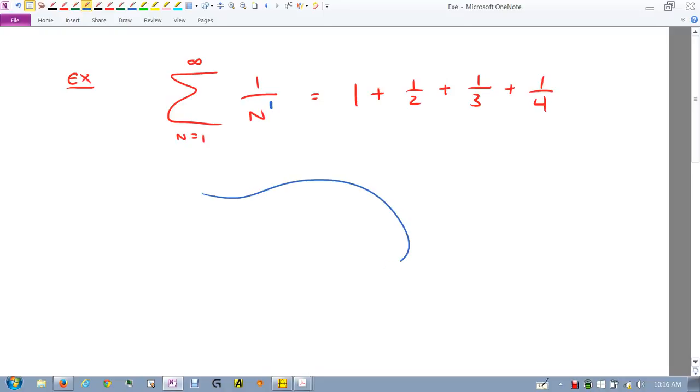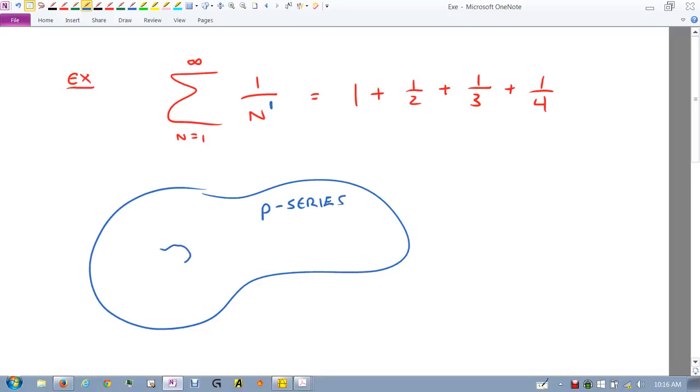If you look at the set of all p-series that exist out there, inside there's one particular one, the harmonic one. So it's like a subset of all p-series. It's just one simple case, like a square is a rectangle. So on a test, you could say one of two things here: this is a p-series with p equals 1, therefore it diverges, or you could say harmonic diverges, either way.